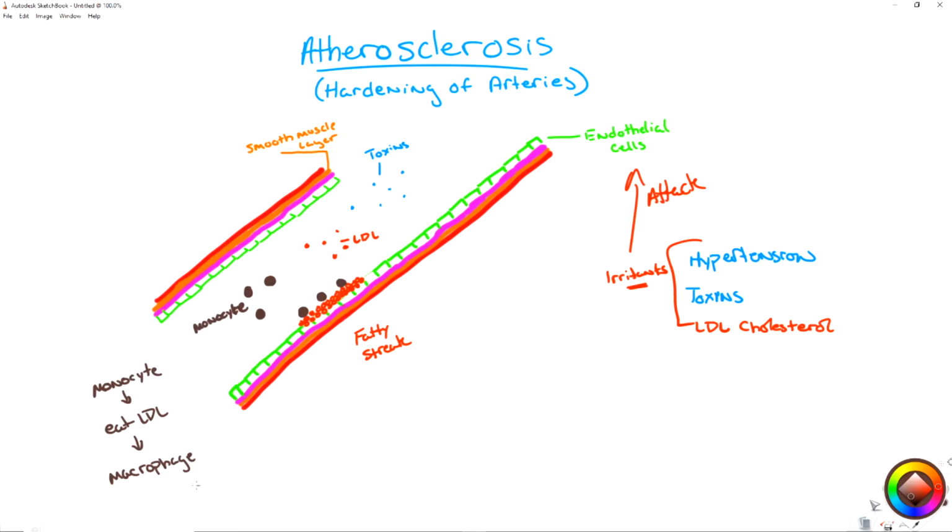And when they die, they're going to die within these fatty streaks. So let's put one right there. They're going to have cellular death, and they're going to then turn into what's called a foam cell.